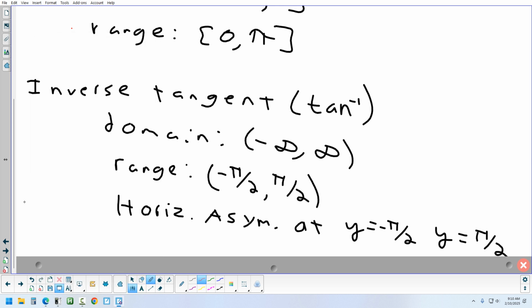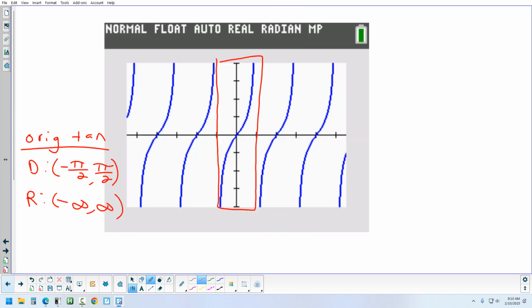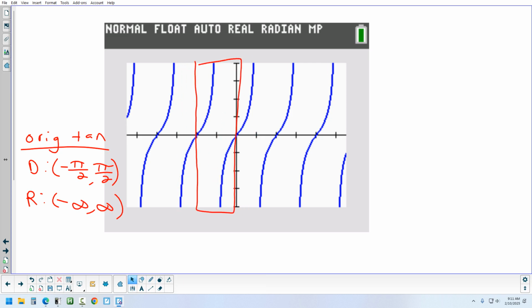So any question on the domains or the ranges of those three inverse trig functions? If you look at the original and then find a section that passes, that helps it make sense why they're picking these numbers. They are not the only numbers. There are other sections you can look at.